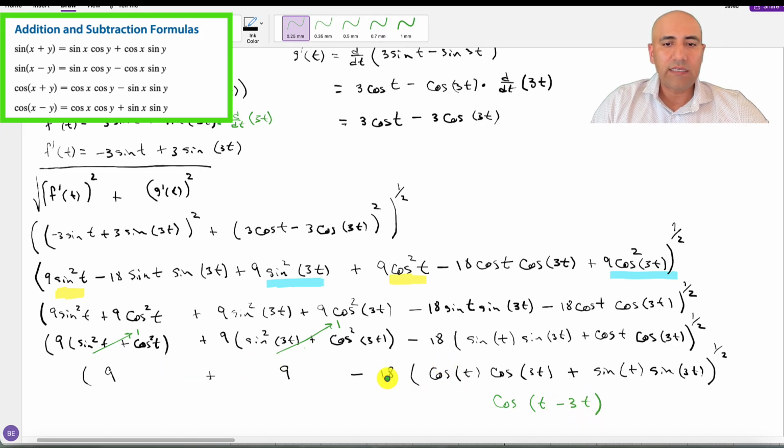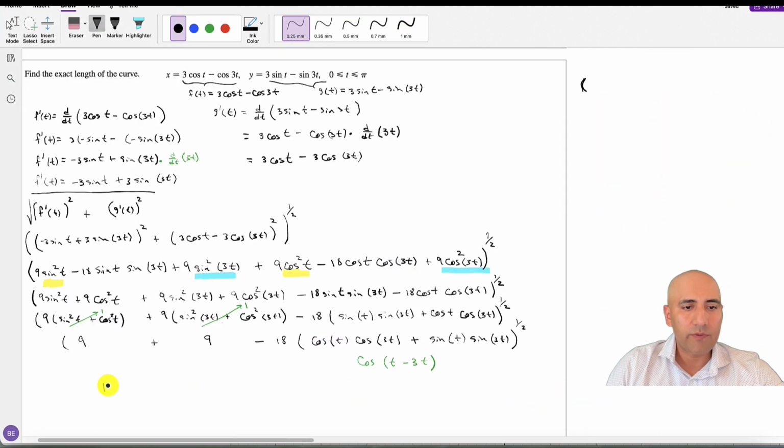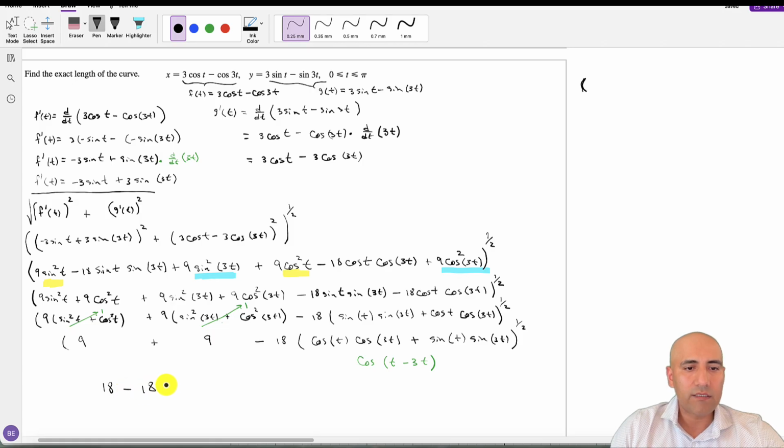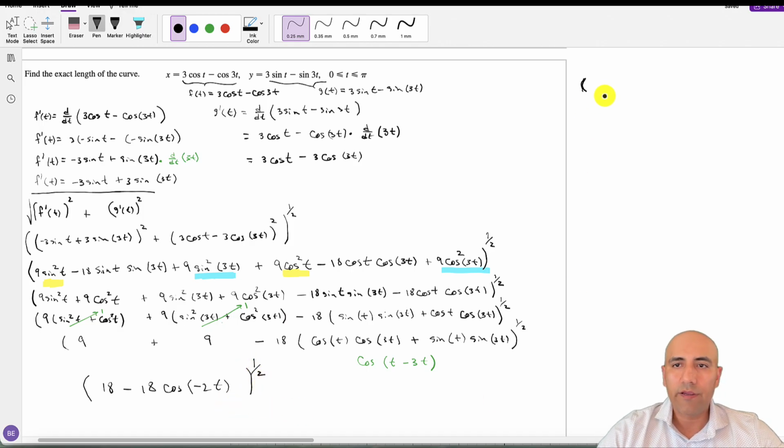So we end up with 18 minus 18 cosine of t minus 3t, which then becomes minus 2t. This becomes 18 minus 18 cosine of minus 2t. The whole thing is still raised to the power of 1/2. Let me zoom into here now.